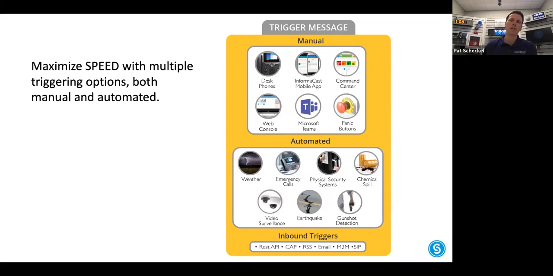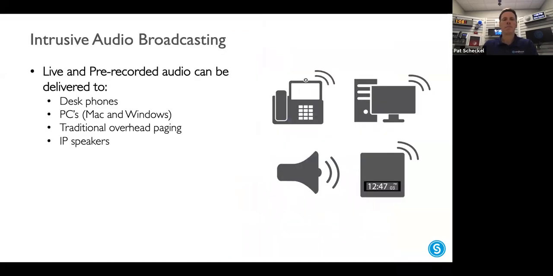There are countless other examples where things have happened over time, and the cell networks have been either down or overloaded in some way. So they're a very necessary component. We're not saying don't use mobile mass notification. It's an absolutely necessary component, but it's insufficient on its own. You want to have other methods, both inbound and outbound.